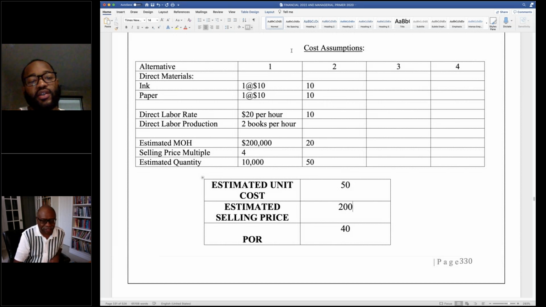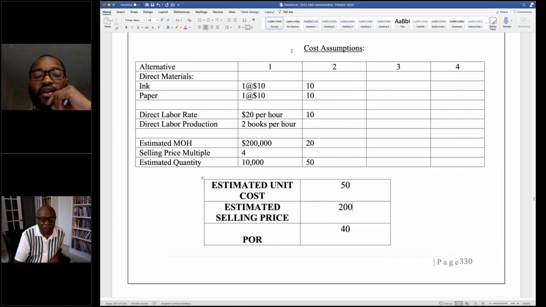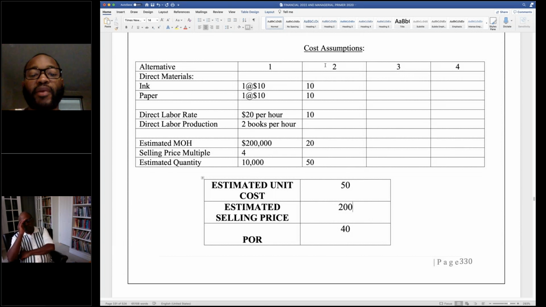So basically, looking at column 2, what happened was you reiterated the total amount of money you spent on the ink and the direct materials, and then under the direct labor, you divided the amount of money by how many books per hour you're doing, which gave you 10.